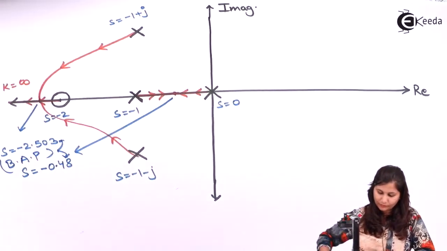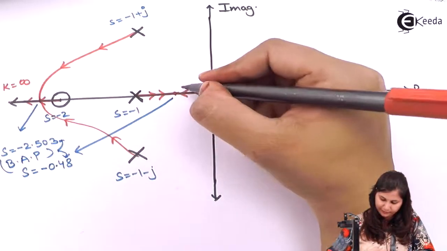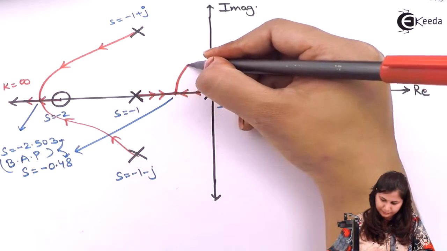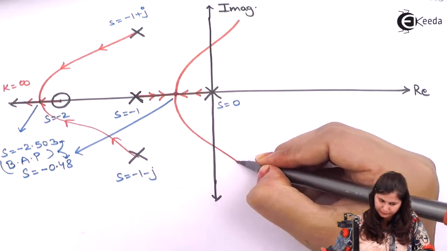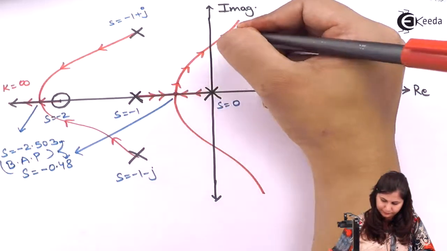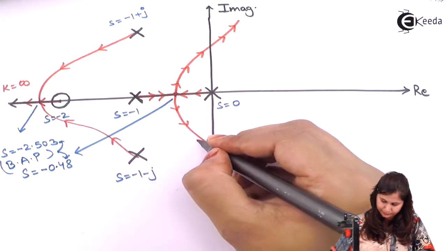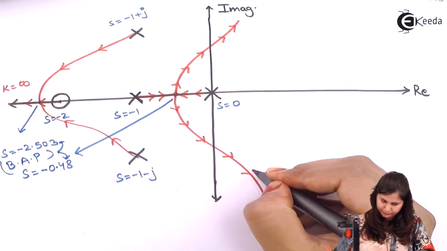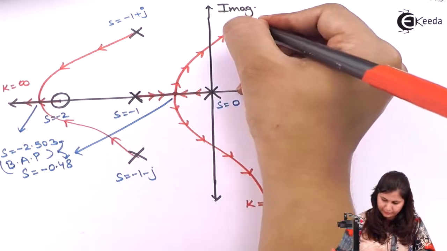Now they break here and go towards k equals to infinity.